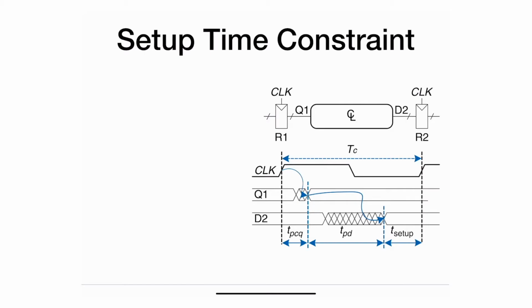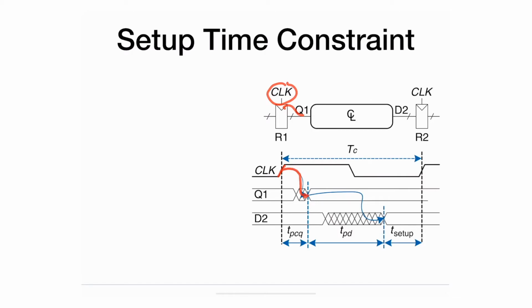Let's figure out what this graph is telling me. Our ultimate goal is to figure out what Tc is, which is basically the clock period. Clock frequency or clock period is the same thing. At the active edge of the clock, this particular flip-flop or register will take some time, and I'm going to consider the propagation delay, the slowest delay actually.